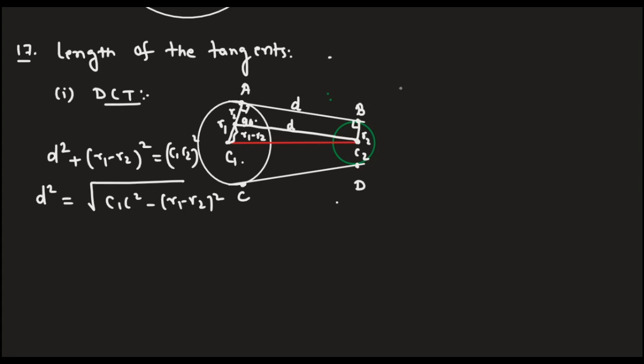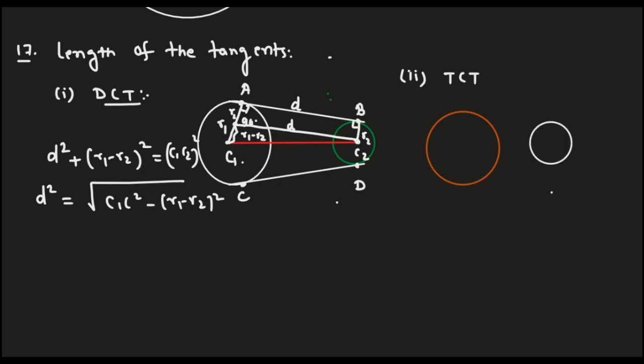Now what will happen to the transverse common tangent, TCT? For TCT we are taking two circles again. Two circles, this one and one more circle, this one.